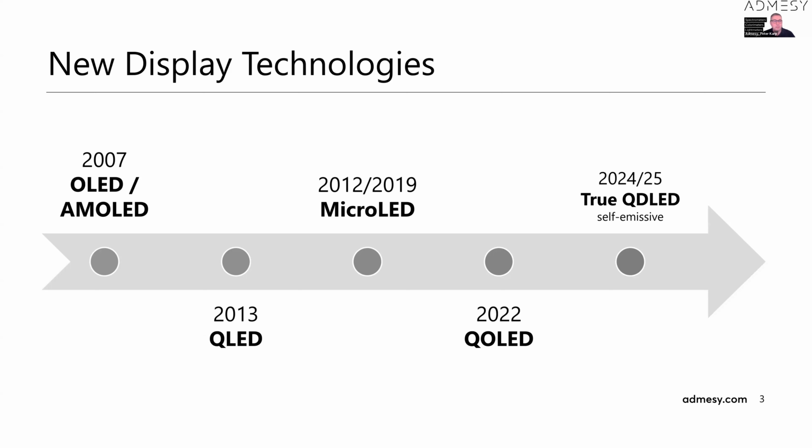MicroLED was introduced in 2012 already, but the first real product 2019, and that is something which is now, like we heard today, really strongly evolving. And for different areas, we have since 2022 quantum OLED, and are now looking into so-called true QD LEDs. That means self-emissive displays in that case.